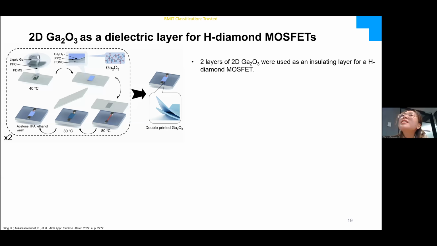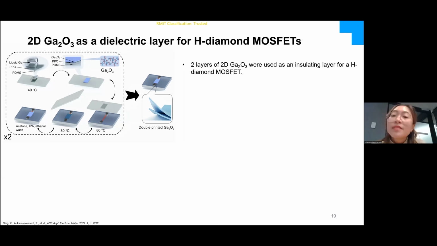Can you see this screen? Yes. I put the reference very small here. So this is gallium oxide on top of H-terminated MOSFET. It's right down the bottom. Okay, now I've got it.